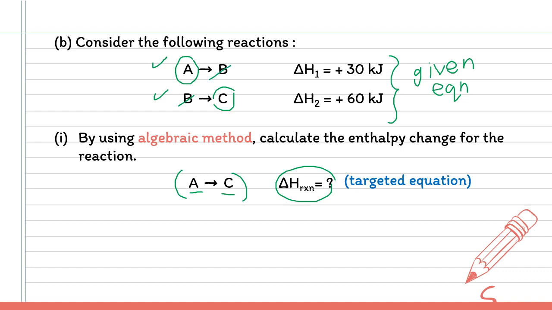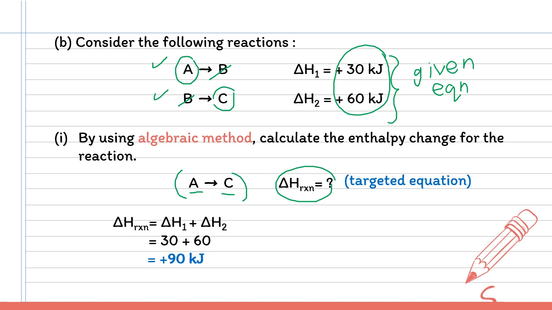How are we going to cancel them out? By adding these two values. So we know that our delta H reaction is going to equal delta H1 plus delta H2. Simply substitute the values, then you will get positive 90 kilojoules for the enthalpy of reaction A to become C.